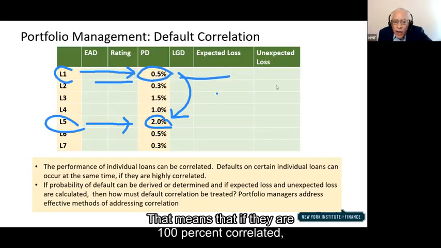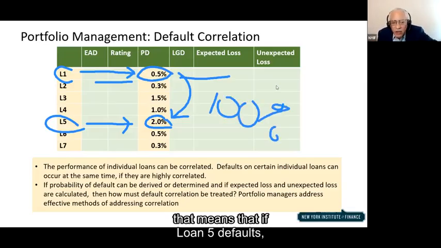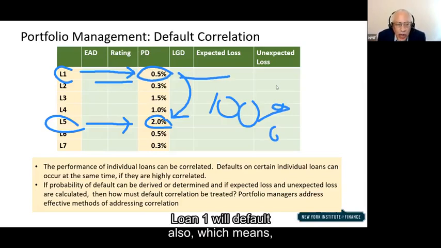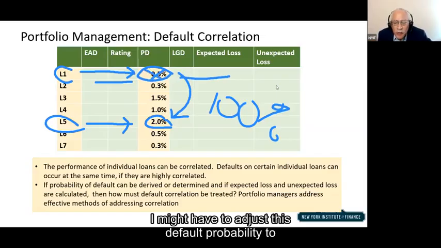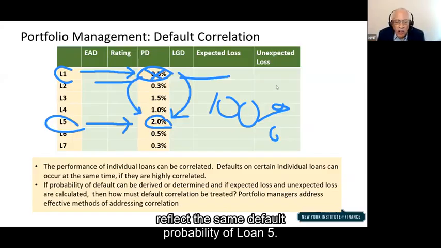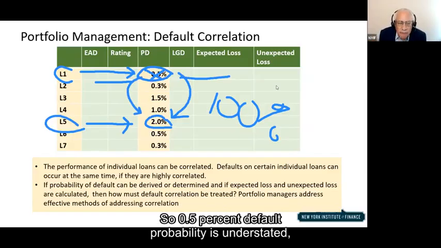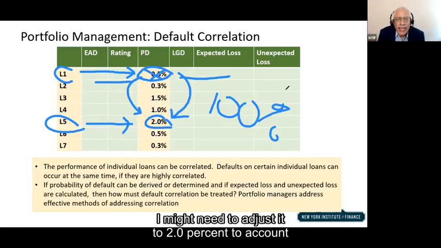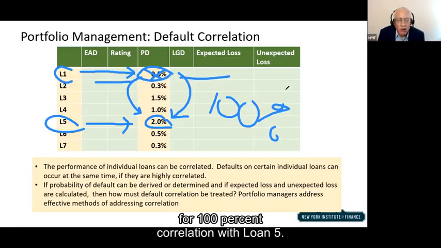Which means I might have to adjust this default probability to reflect the same default probability as loan 5. So the 0.5% default probability is understated. I might need to adjust it to 2.0% to account for the 100% correlation with loan 5.